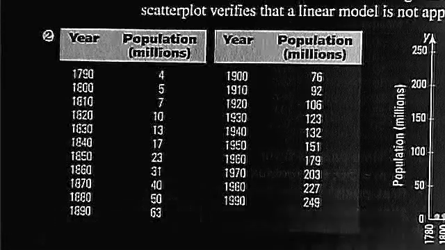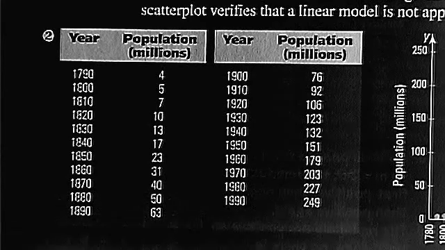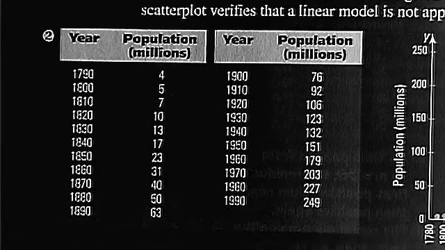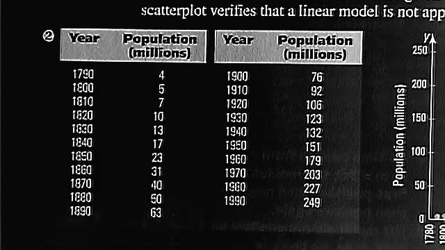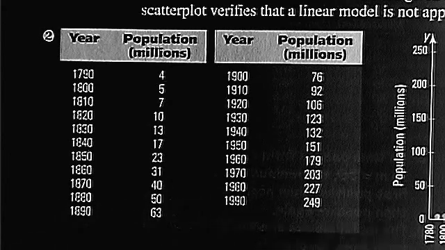And so then I can get my y values in there. 4, 5, 7, 10, 13, 17, 23, 31, 40. I know there's a few of you that are trying to race me to the end to see if you can beat me.